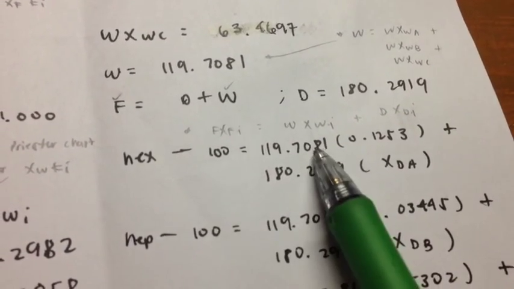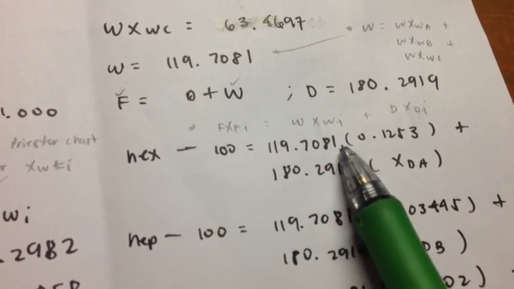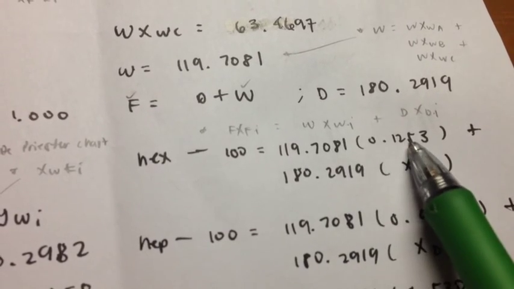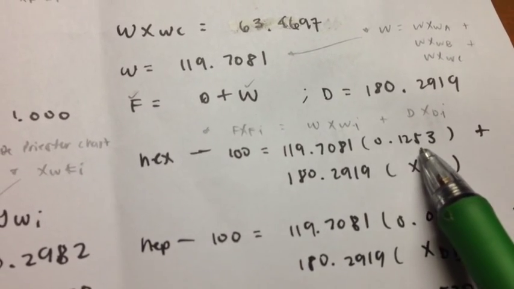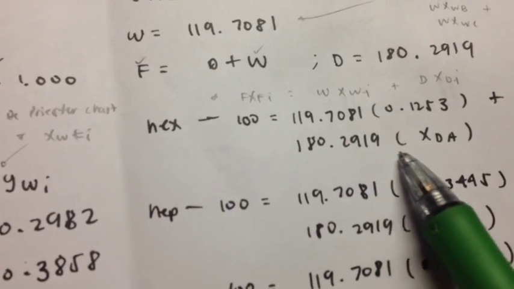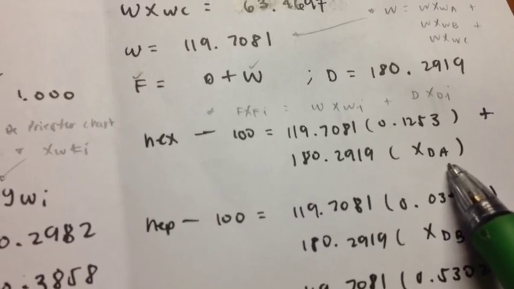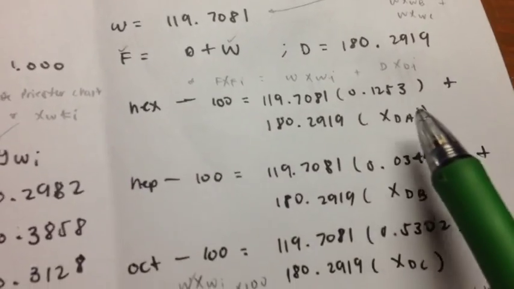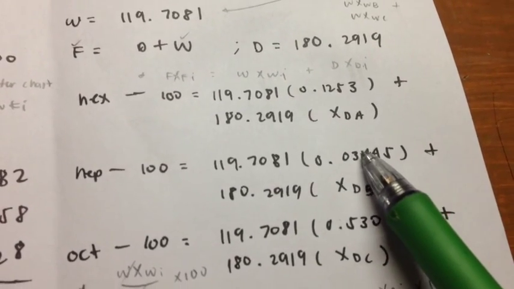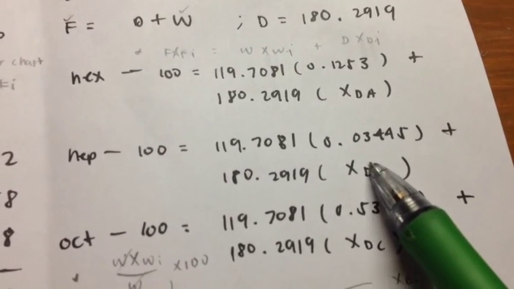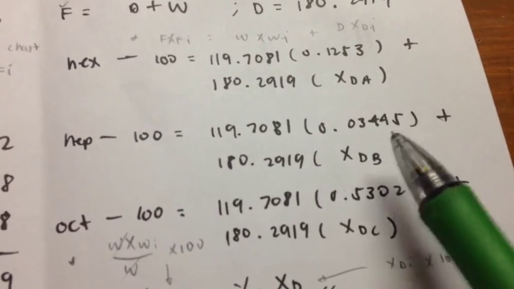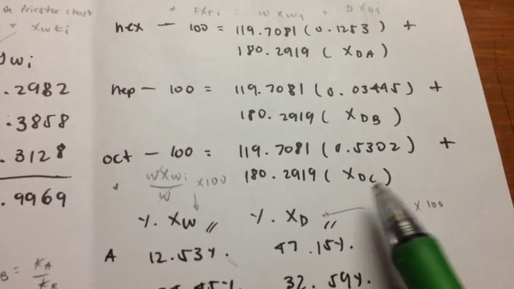For hexane, 100 is equal to 119.7081 times 0.1253 plus 180.2919 times XDA. We shift solve for XDA. We also do the same for heptane and octane, replacing the XW, to obtain XDB and XDC.